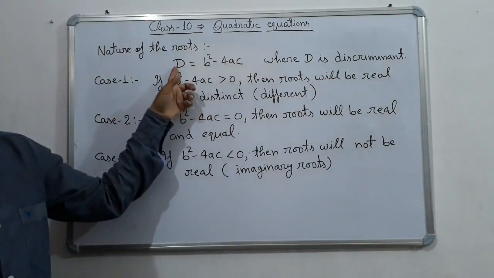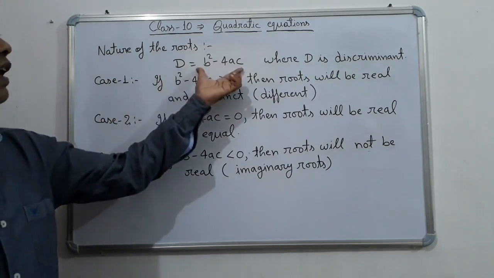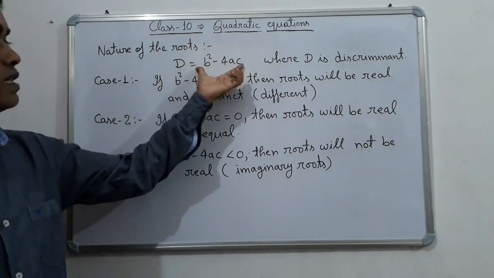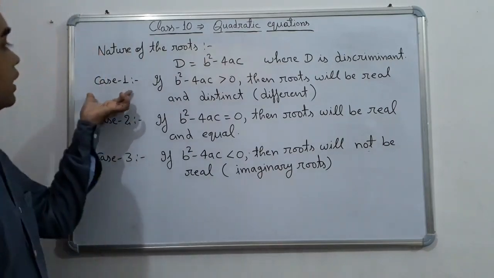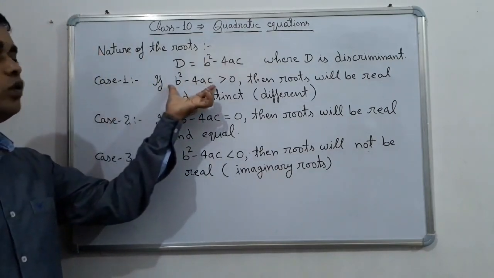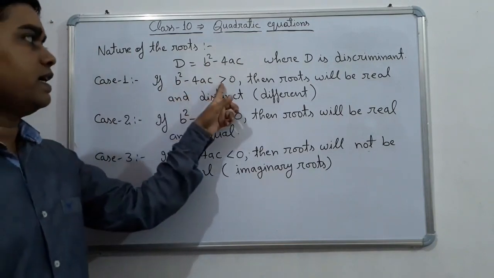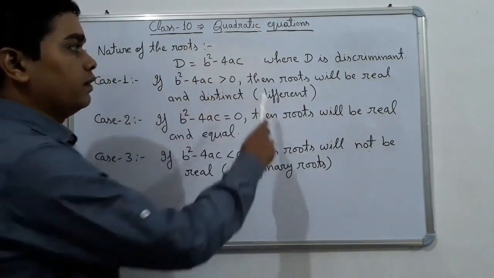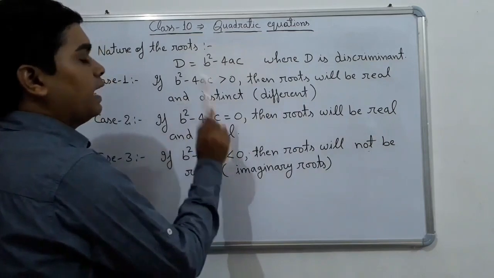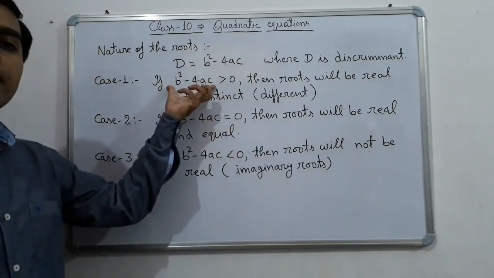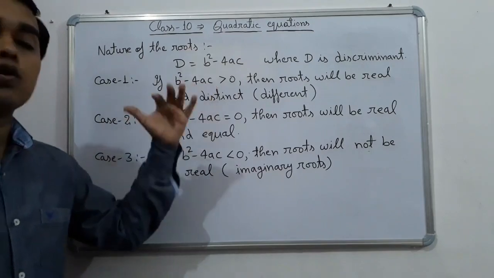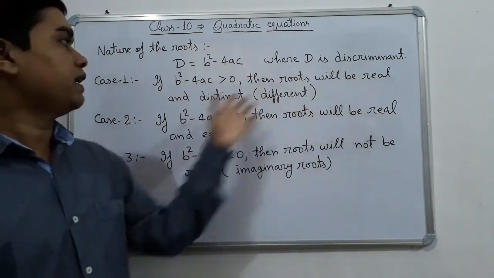Here D is discriminant. So we have three cases for this. Case 1. If value of b square minus 4ac is greater than 0, then roots will be real and distinct.